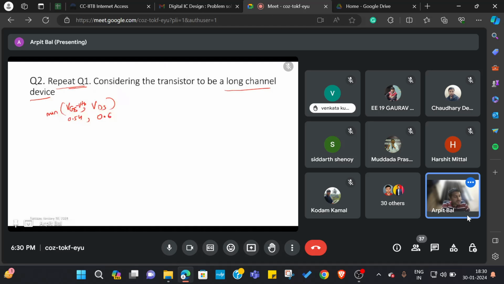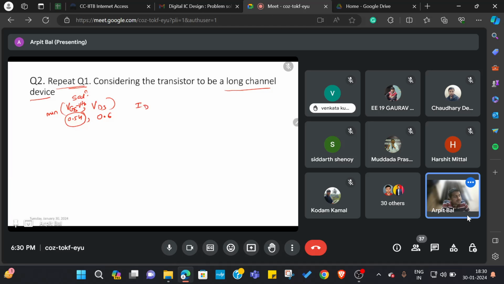So the minimum of these two variables is 0.54.